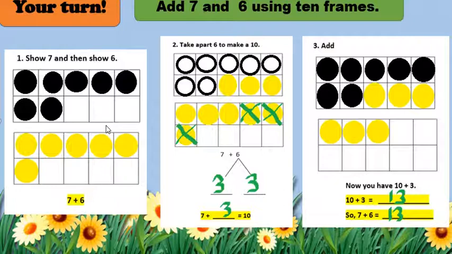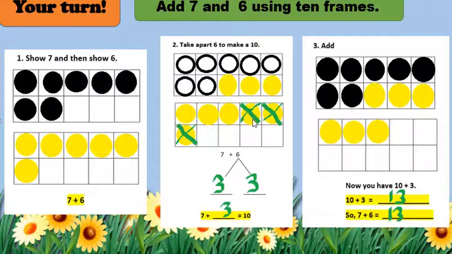And then I also counted the gaps of my 10 frame. Count with me. How many gaps are there? 1, 2, 3. Then it's time for me to fill in the gaps. I took away 3 from my second 10 frame. So I put an X to each of the counters.